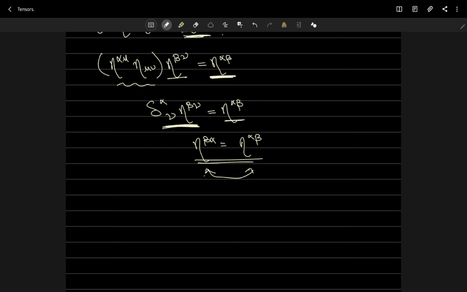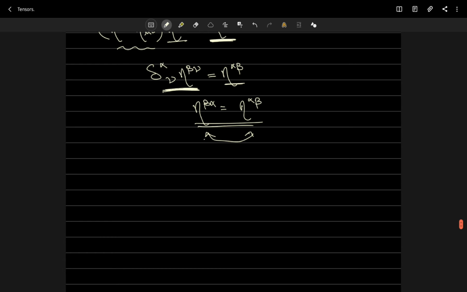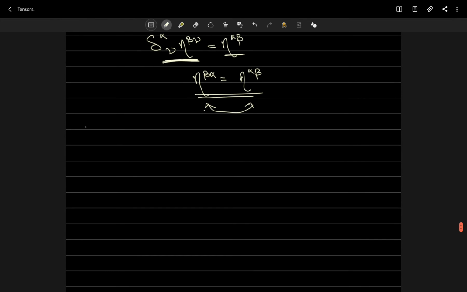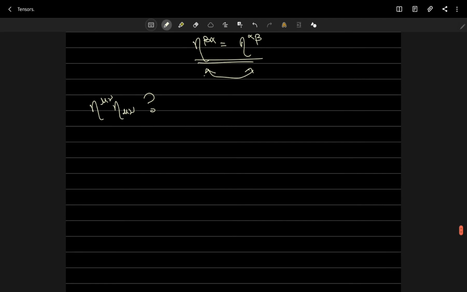So what we have just proved is that this is indeed a symmetric tensor. Then you can ask, what about eta mu nu with the indices contracted? Let's evaluate this.